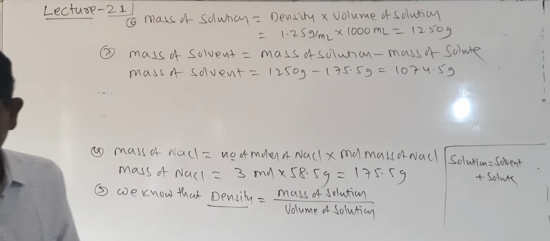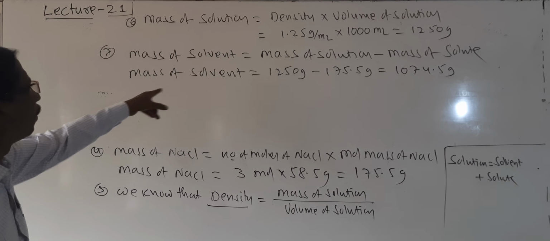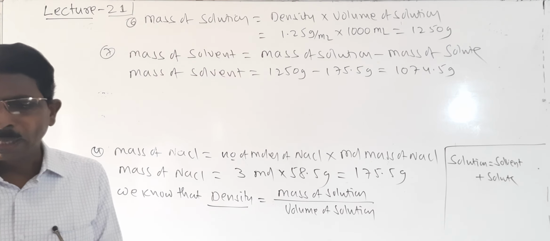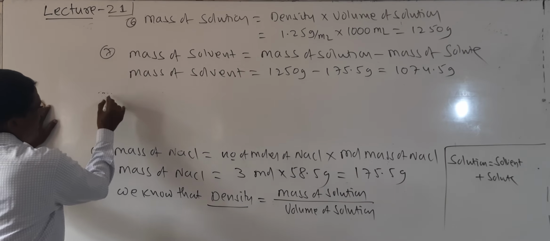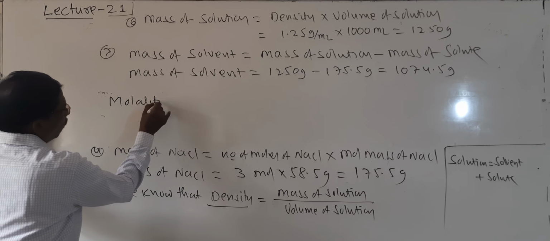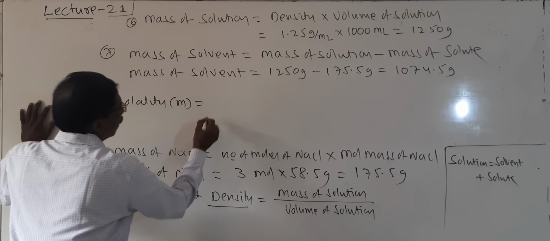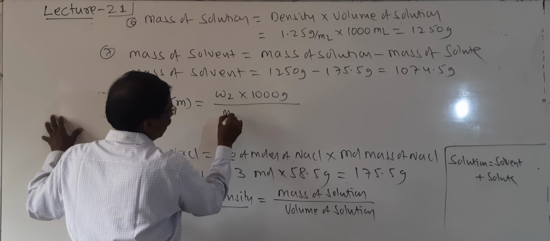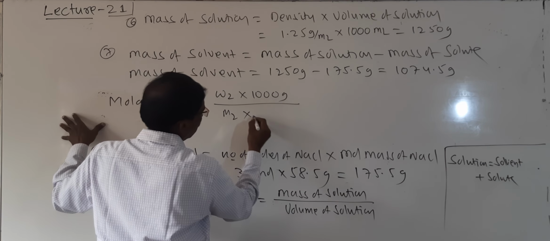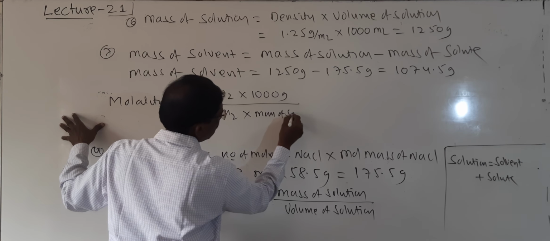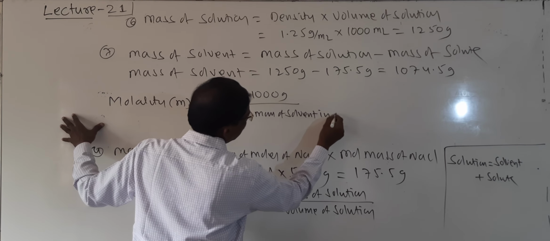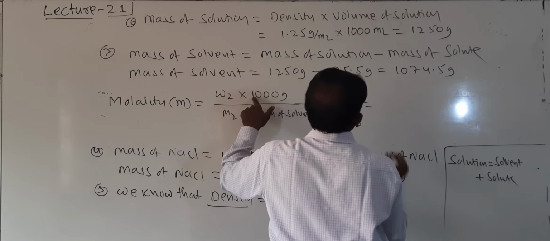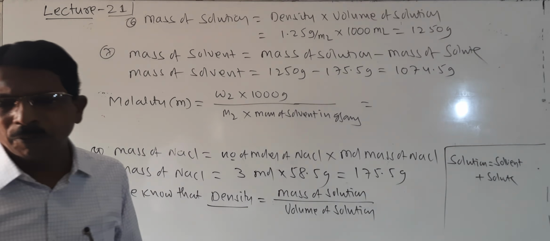Last step: we now have our mass of solvent, so it is 1075. Molarity is equal to W2 into 1000 divided by M2 into mass of solvent in grams, where W2 is the mass of solute.